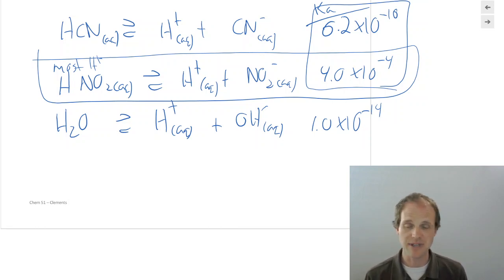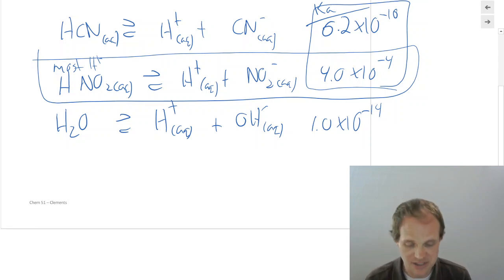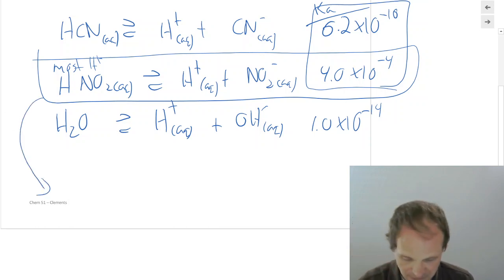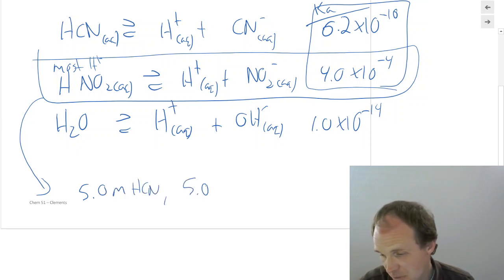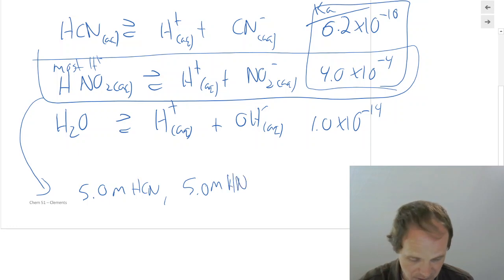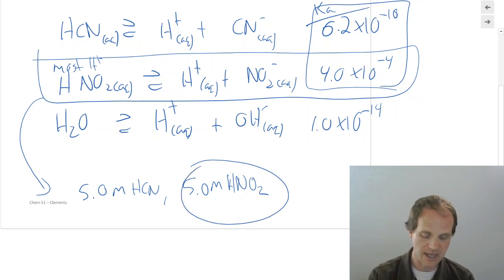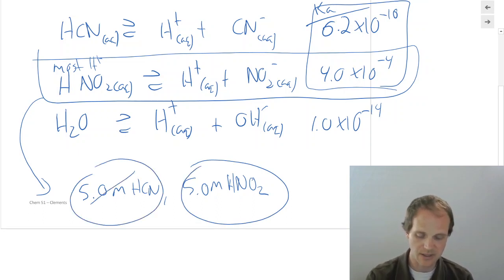And it's possible to actually go through and calculate the contribution of each one of them, but we're not going to do that too much in this class. We're going to say, hey, the strongest one is going to contribute most of the H+. So let's focus our pH discussions on that one. So even if we had a 5.0 molar HCN, and a 5.0 molar HNO2, because HNO2 has a much larger Ka, we're going to use this one and ignore this one, at least in terms of its contribution of H+.